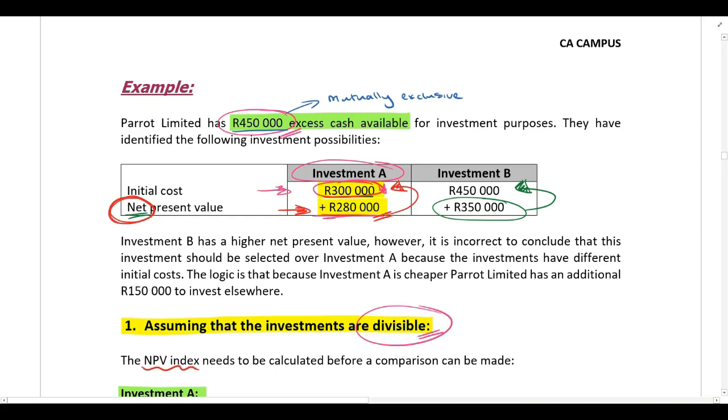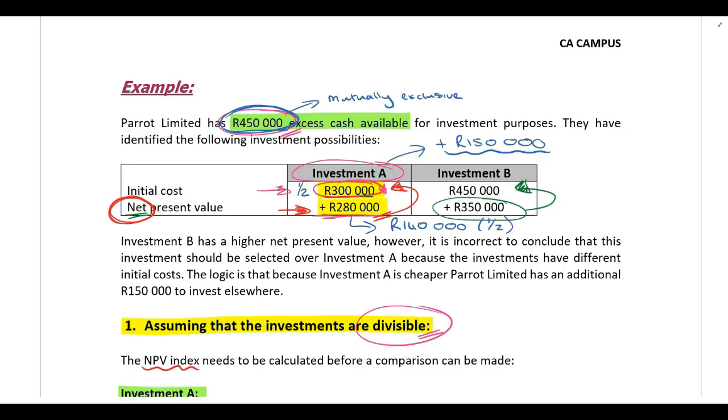So what happens if they invest an additional 150,000 Rand in order to bring them to a total investment of 450,000? If they invest an extra 150,000 Rand, so that is half of what their current investment is, then the net present value should increase by 140,000 Rand. And my logic is that is also half.